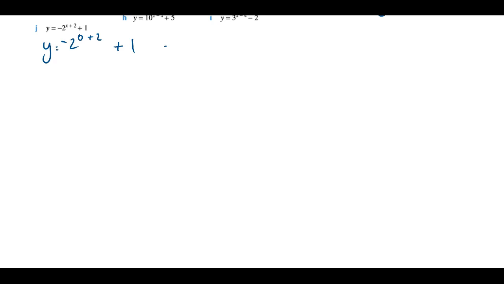So minus 2 to the 0 plus 2, 0 plus 2 is 2, so minus 2 to the 2, y equals 4. Oh, sorry, y equals negative 4. That was my bad. 2 to the power of 2 is 4.